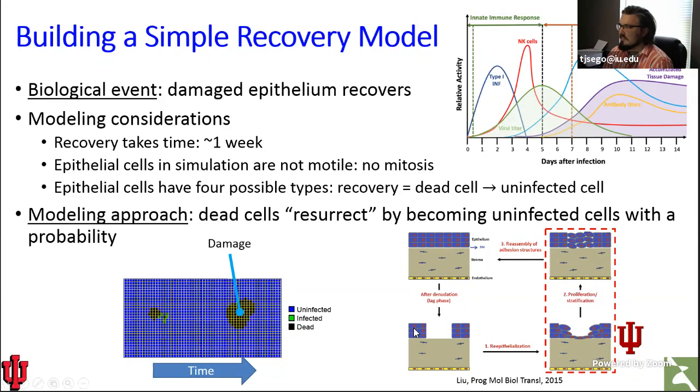So this is, depending on how this is cast, something like an epithelial cell underneath our tissue patch proliferating and replacing the dead cell that was there. We'll do a little bit more with this in the subsequent model development after this one.